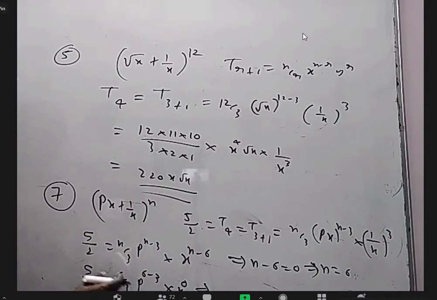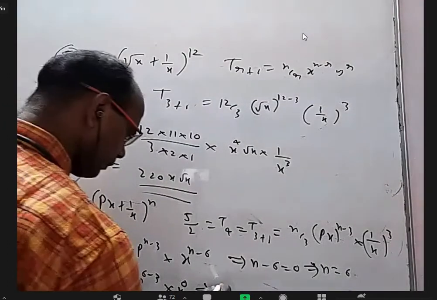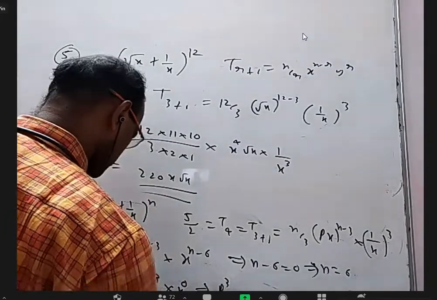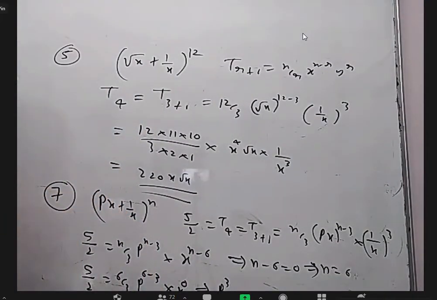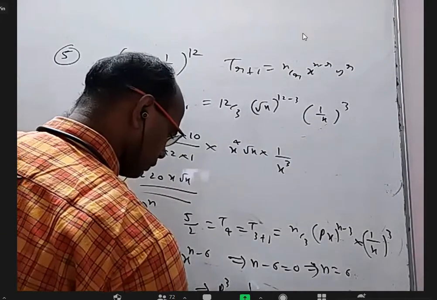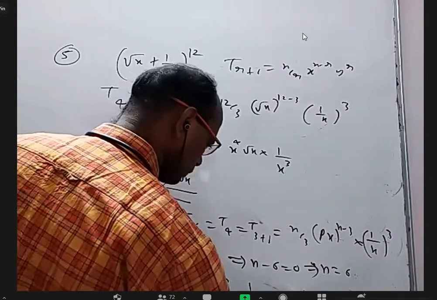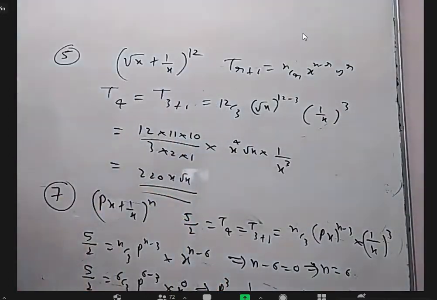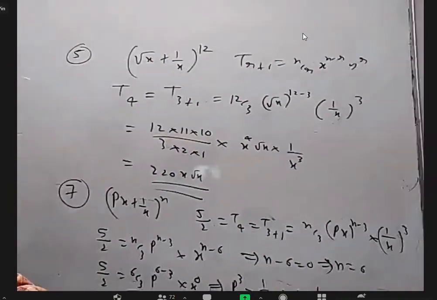Now we know the value. So this is 20. If I bring this side, p cube is 1 by 2. 20 here, 40, so p cube is 1 by 8. So p is equal to 1 by 2. So n equal to 6, p equal to 1 by 2.